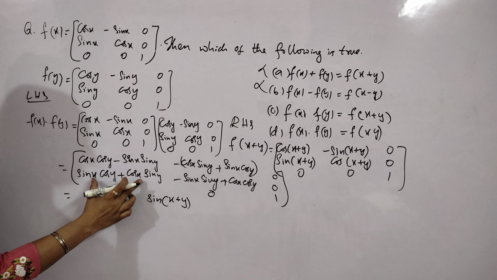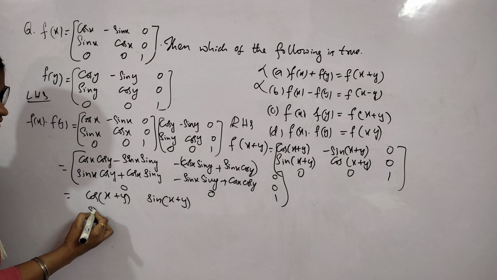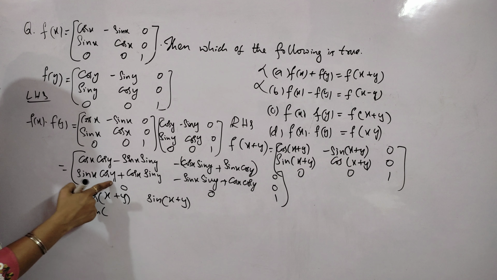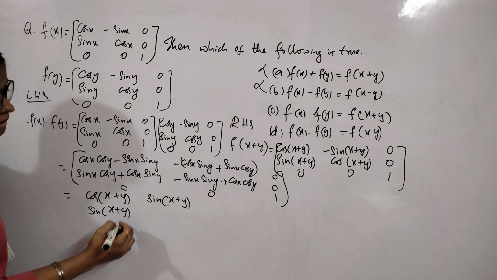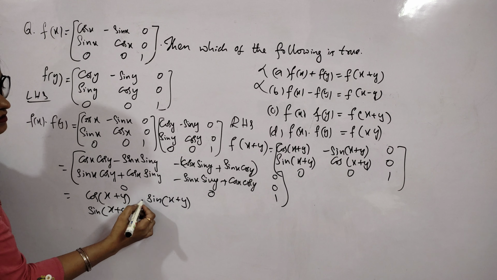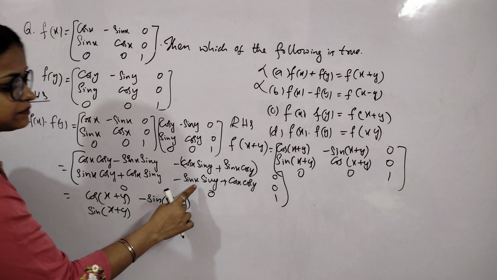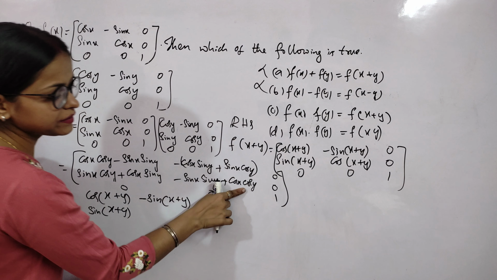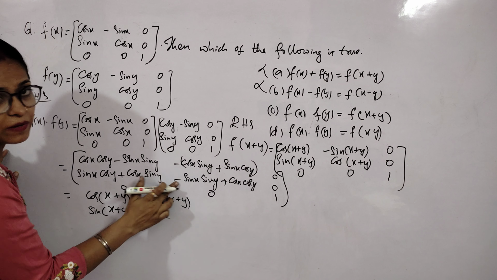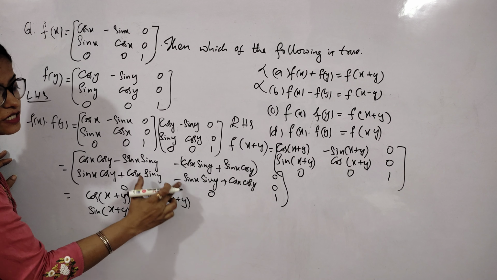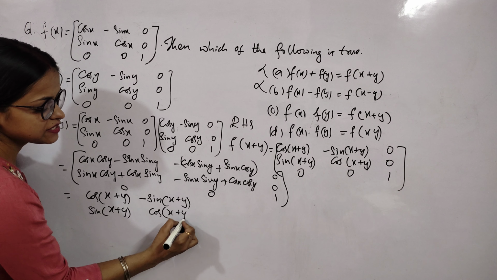Here it is again sin cos, so sin of x plus y, and there is a minus sign, so it is minus here. And here the same combination cos x cos y, so your formula will be in cos, but before the sin combination it is minus, so you have to write plus here, the opposite.